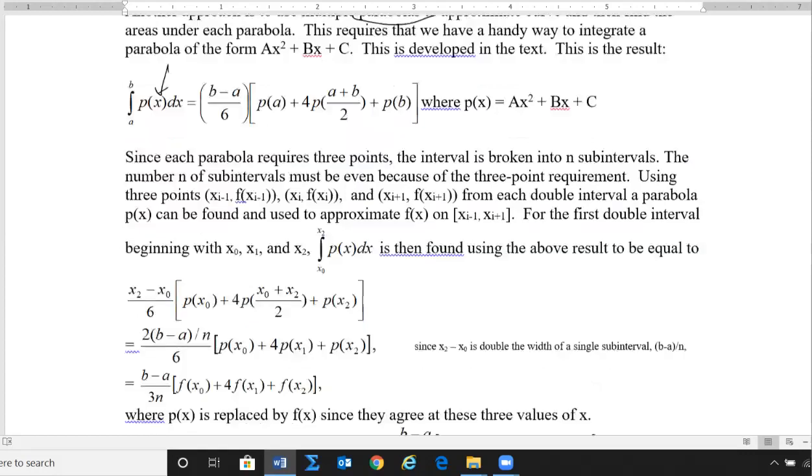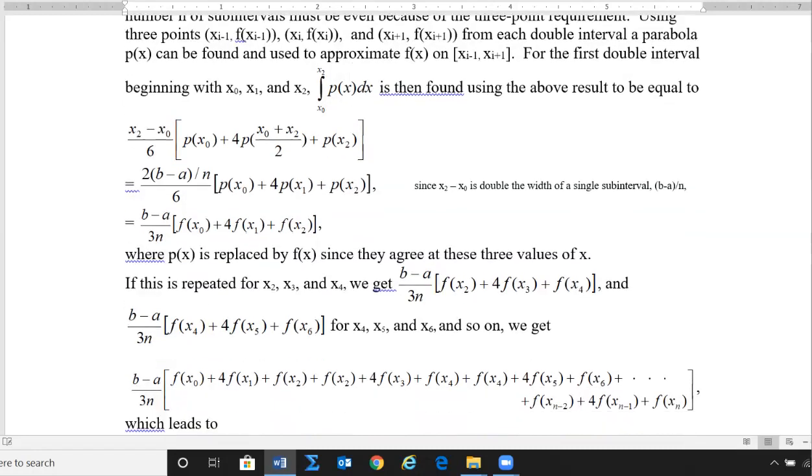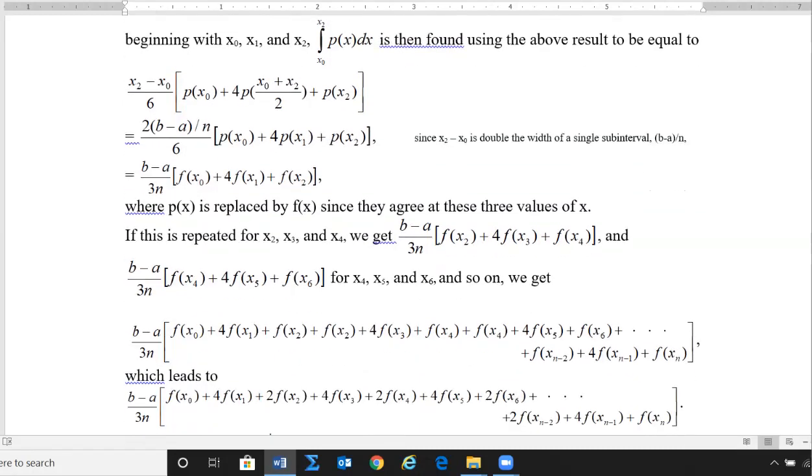So the rest of this here, I'm not going to go into the details of it, but you can see how, using that formula that the author came up with, we can get the area under each parabola that's created, which is in a double subinterval. And then using several of those, we can generalize in here.